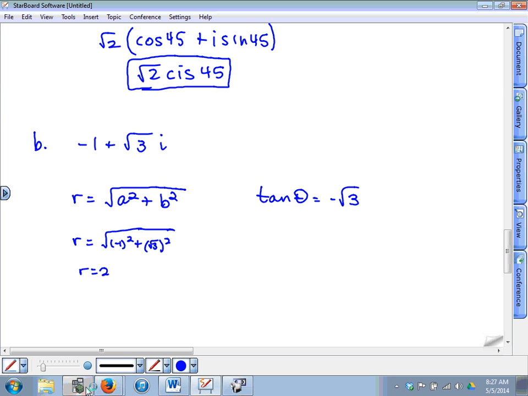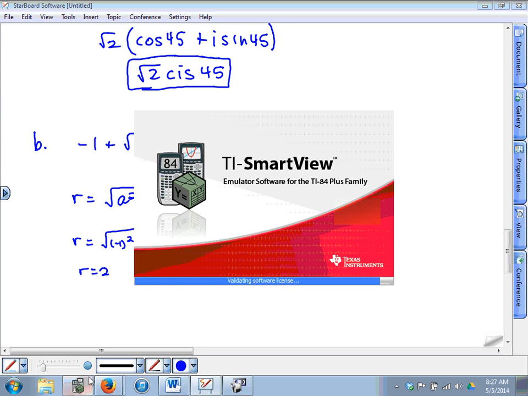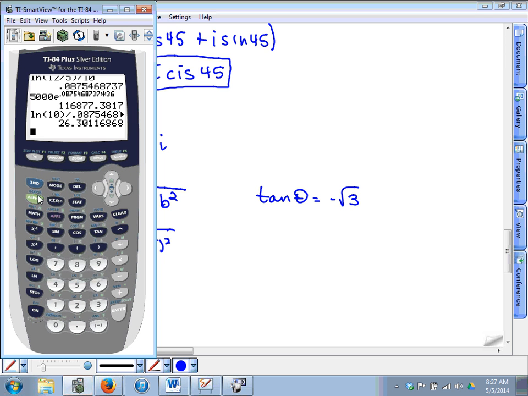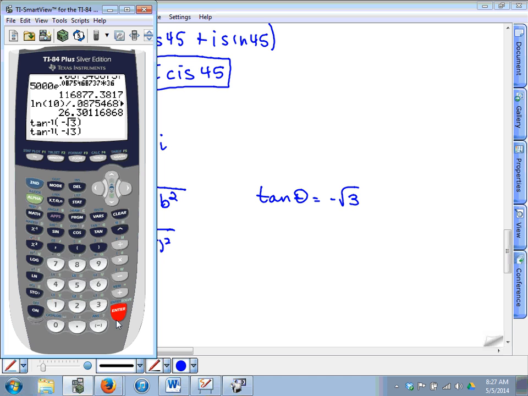Here's what I'm talking about. If you just type in inverse tangent of negative square root of 3, it tells you it's negative 60 degrees. And it's true. Inverse tangent of negative square root of 3 is negative 60 degrees, but negative 60 degrees is not the angle you're going to use because this is in the fourth quadrant.